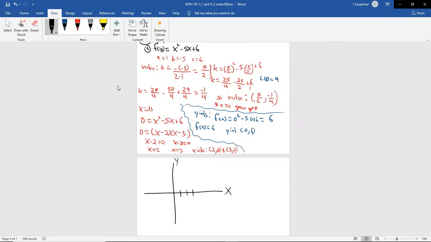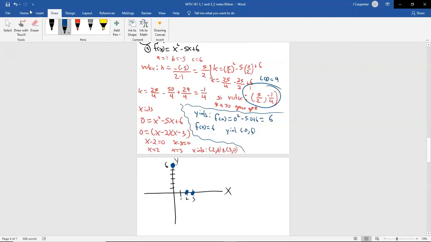Then the y-intercept was (0, 6). 1, 2, 3, 4, 5, 6. Those (2, 0) and (3, 0) are right there. (0, 6) is right here. I haven't plotted the vertex yet. That was the fraction one, so I saved it for last.